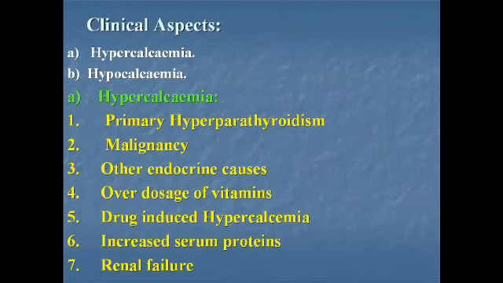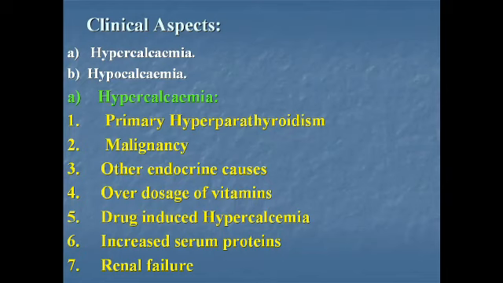Now, clinical conditions. Two conditions mainly, called hypercalcemia and hypocalcemia. Hypercalcemia: the major cause is primary hyperparathyroidism, especially common in outpatients. Primary hyperparathyroidism is further associated with familial hyperparathyroidism and ectopic hyperparathyroidism.